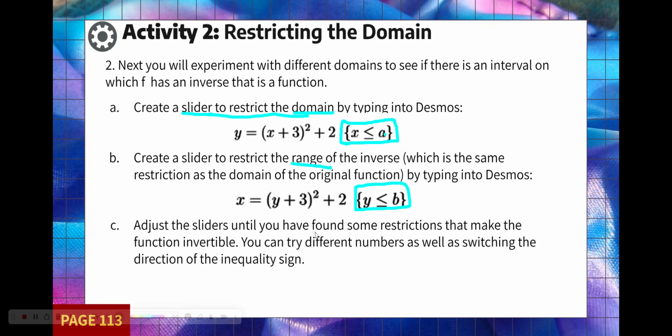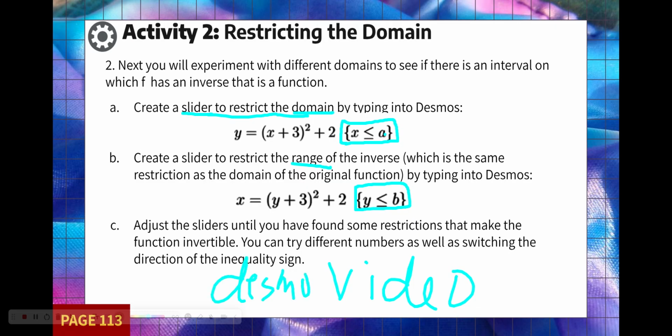Adjust the slider until you have found some restrictions that make the function invertible. You can try different numbers as well as switching the directions of the inequality sign. Alright? Watch out for the next Desmos video. Alright?